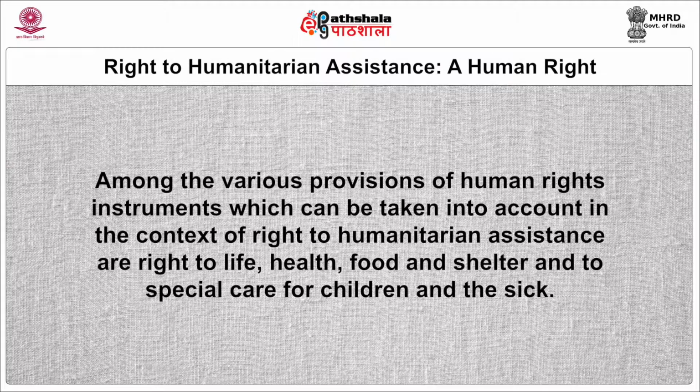However, this right can trace its roots from various provisions in such international instruments. Among the various provisions of human rights instruments which can be taken into account in the context of the right to humanitarian assistance are the right to life, health, food and shelter, and the special care for children and the sick.